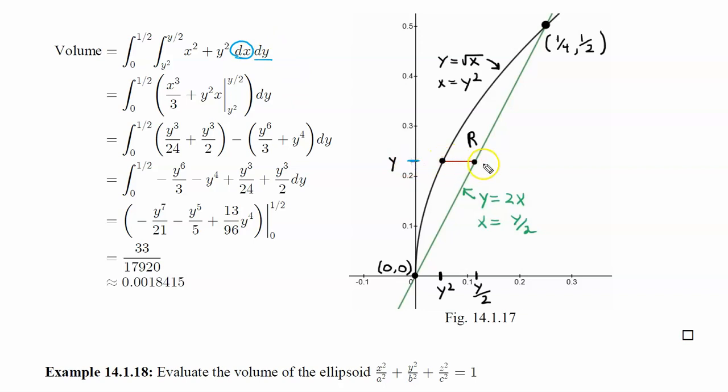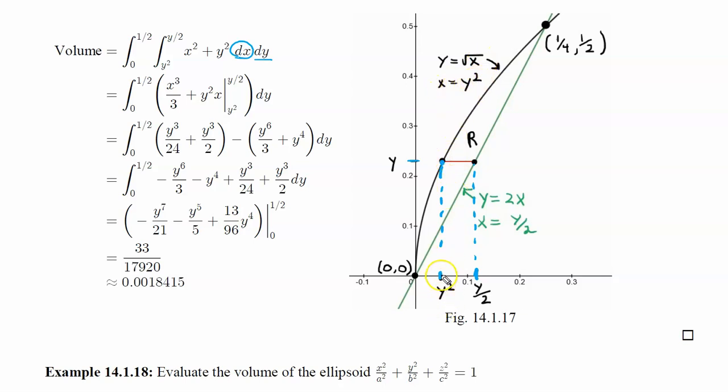And we have to think, what does x vary from? Well, x is going to vary from, if we drop this point down, it's going to vary from that point, and we go over here and we drop that down to this point. Now this point right here lies on the curve y equals the square root of x, or x equals y squared.